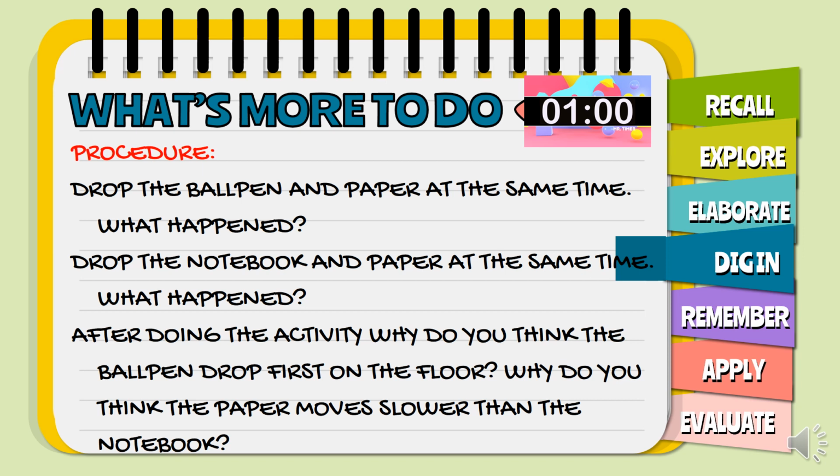What happened? Drop the notebook and paper at the same time. What happened? After doing the activity, why do you think the ballpen dropped first on the floor? Why do you think the paper moves slower than the notebook? Timer starts now.